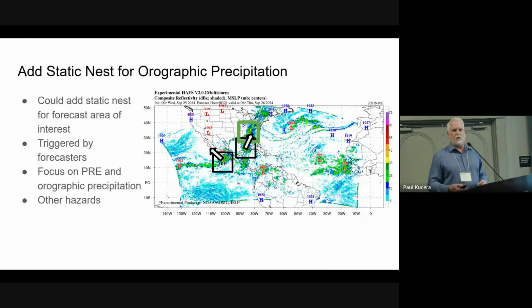So something where NHC identifies several days in advance that this geographical region is at risk, not just the landfall location, we could consider adding a static nest over there for a bunch of these HAFS runs, so that they could focus in at higher resolution on what's going on with this orographically enhanced rainfall, and really focus on getting more local warnings.